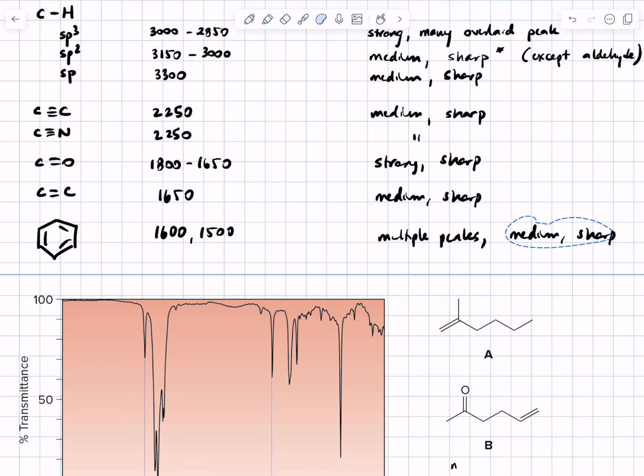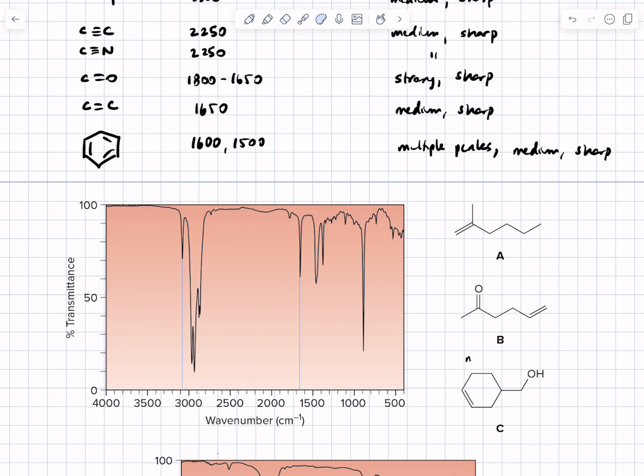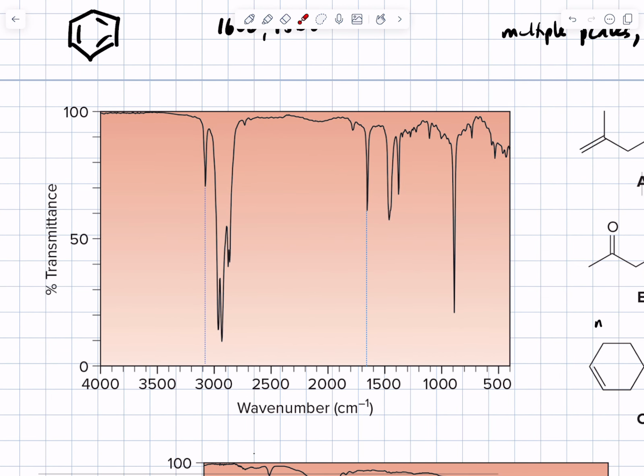All right. So here is an IR spectrum of a molecule, and we can use the information in this spectrum to determine whether this molecule is A, B, or C. Often it's not only what peaks are there, but also what peaks are not there that tell you some important things. To get you oriented to the spectrum, notice that lower numbers appear to our right and higher numbers appear to our left.